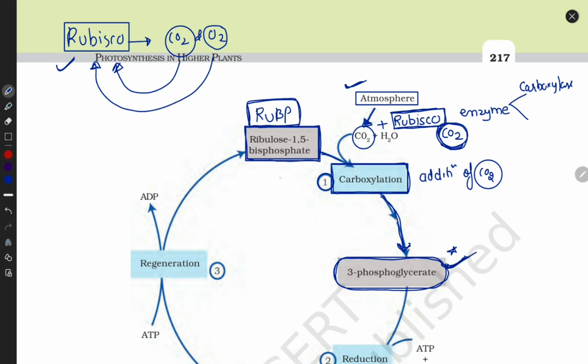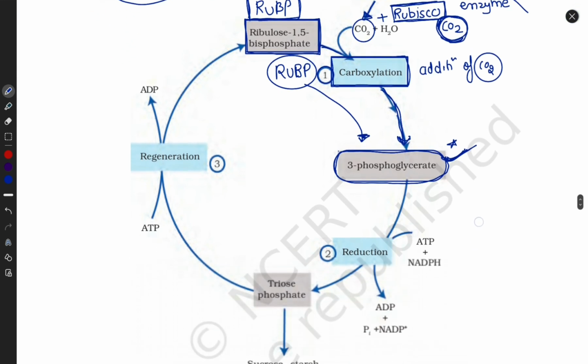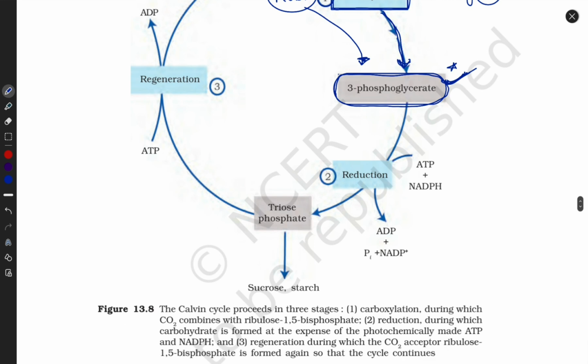This term is clear. RuBP changes into this. Clear guys? Very clear. Now, after the reduction process, 3-phosphoglycerate changes into triose phosphate.